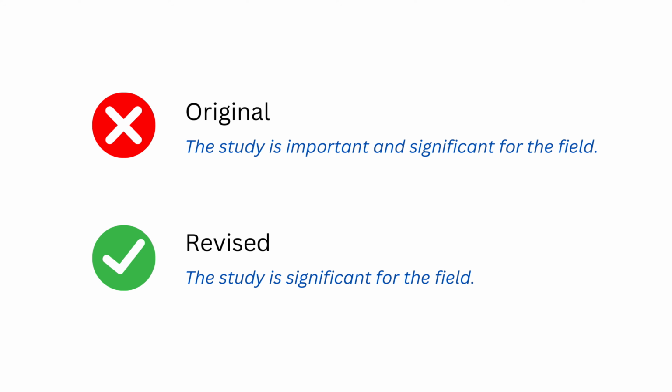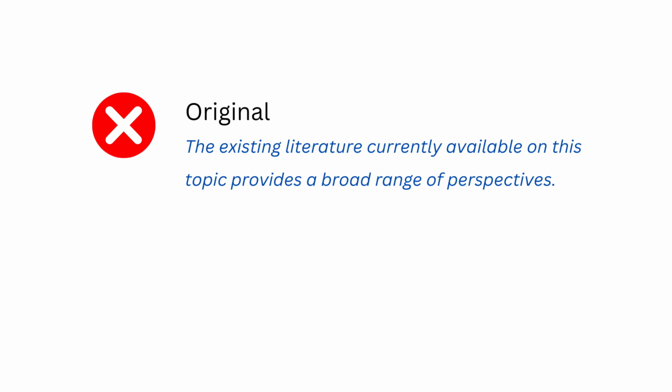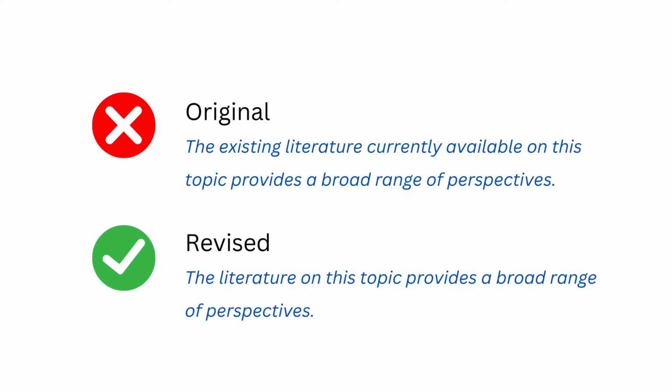Both important and significant convey the same meaning. By using just one, you reduce wordiness while maintaining clarity. Here's another example. Rather than writing, "The existing literature currently available on this topic provides a broad range of perspectives," you could write, "The literature on this topic provides a broad range of perspectives." In this case, existing and currently available are redundant because literature implies existing sources.